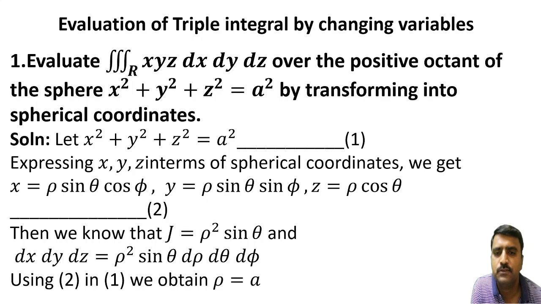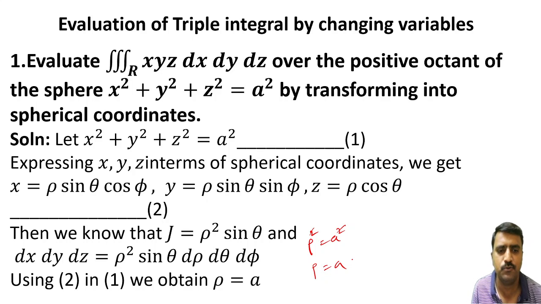So if x square plus y square plus z square is equal to rho square, then rho square is equal to a square. If you cancel the square on both sides, then rho is equal to a.